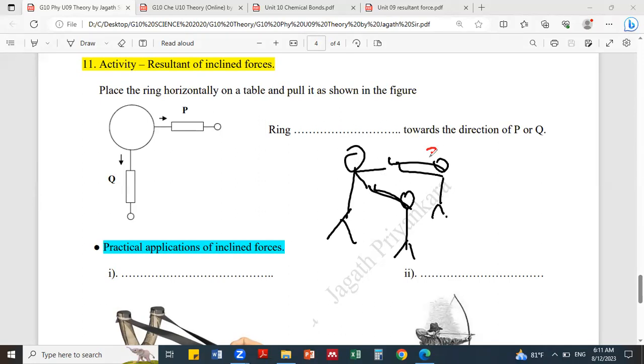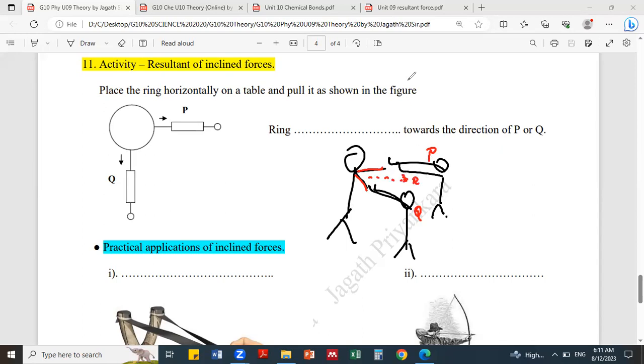I'll put this as P, this as Q. So they are pulling your hands like this. In which direction are you moving? Towards P or towards Q or in between? You are moving in a direction between P and Q. That's very important. That is the resultant, students.